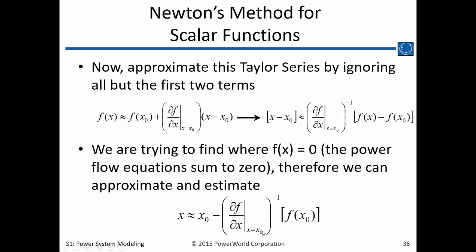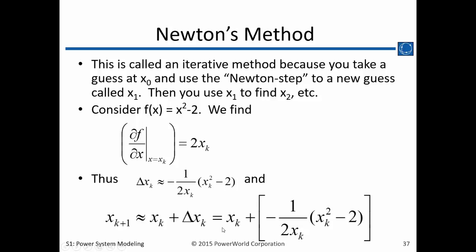So you're trying to approximate the change in values, and you keep iterating that until you get a change in the values below a threshold that you specify. So we iterate: you take an initial guess, use a Newton step to a new guess called x1, then you use x1 to find x2, etc., until the change in value becomes minimal.